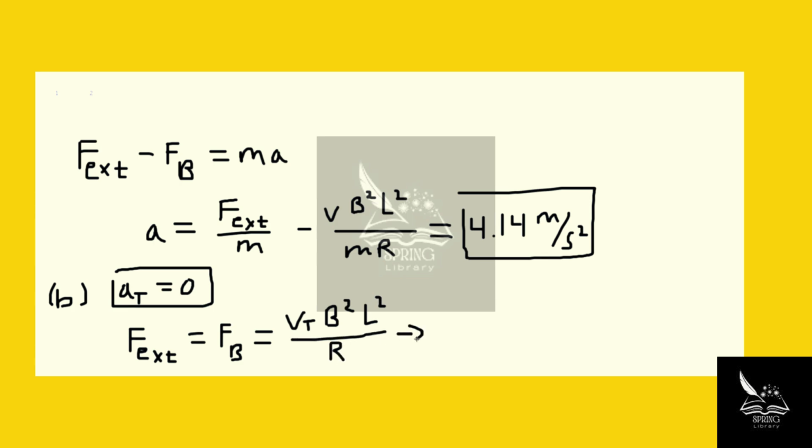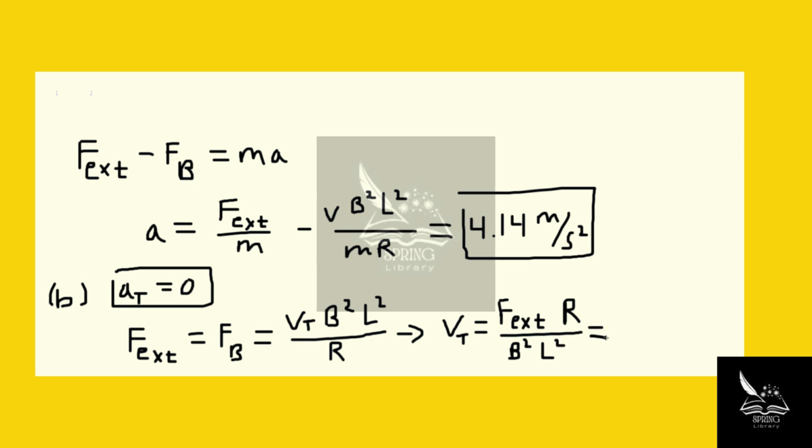Solving for the terminal velocity, we find that it is equal to F external multiplied by the resistance, divided by B squared multiplied by L squared.